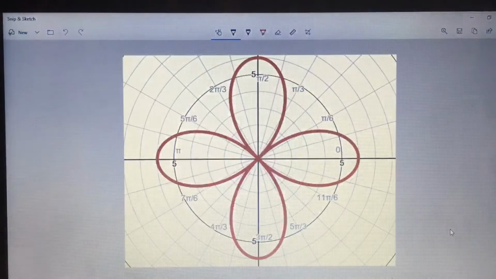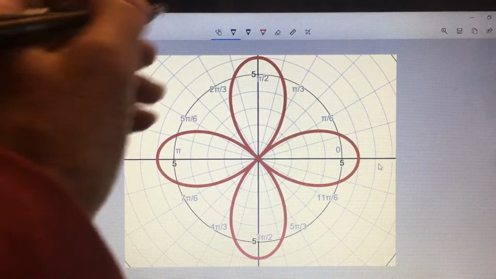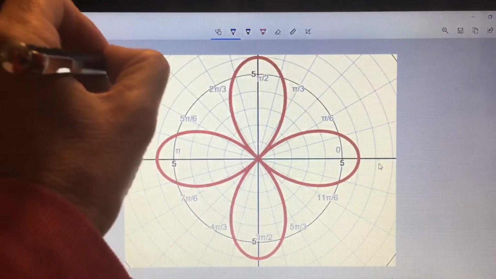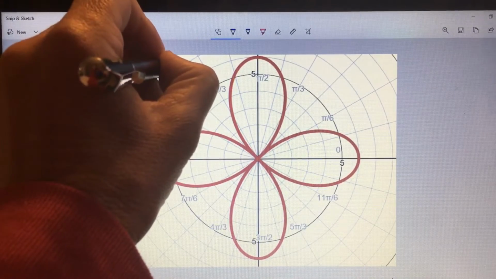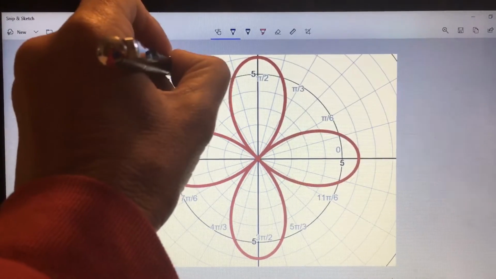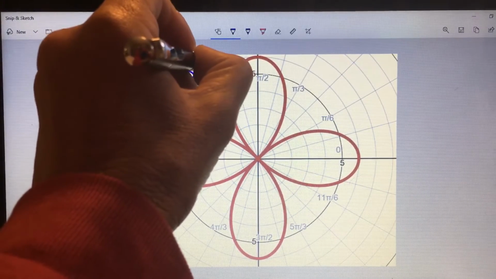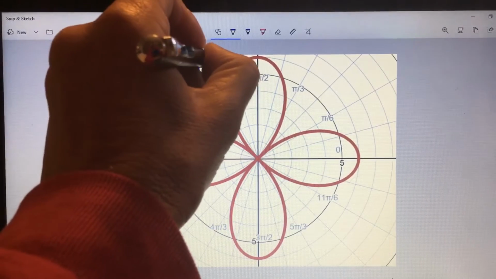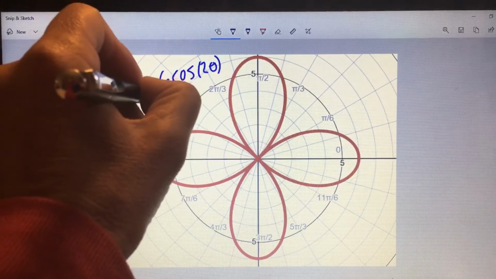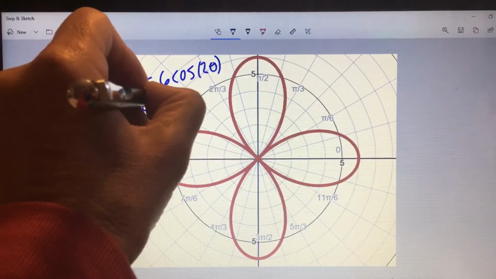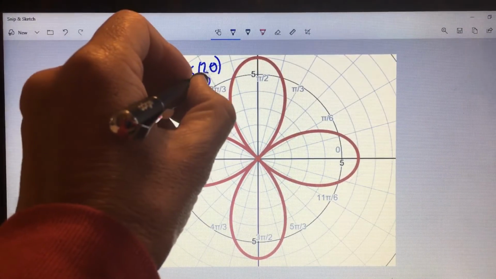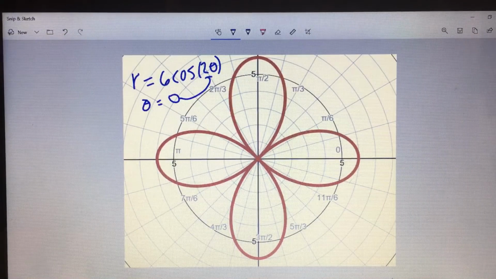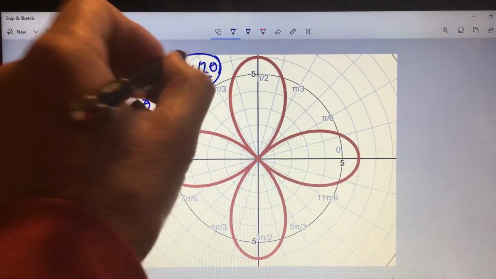Okay, so if you have a graph like this, r equals, let's see, what did we do, 6 cosine 2 theta, okay? We all know that if you plug in theta equals 0, and you multiply 0 by 2, it's still 0, and we all know that the cosine of 0 is 1.